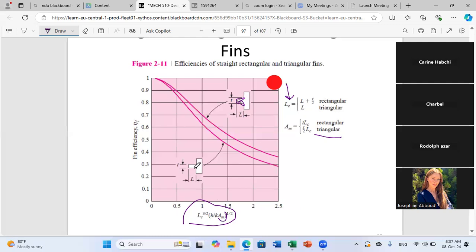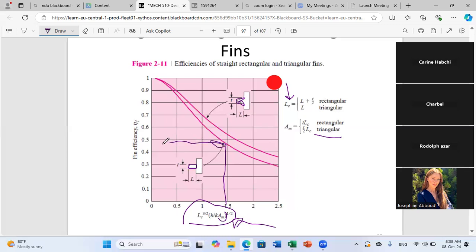If I consider this area, it's equal for the rectangular case to T times L corrected, while here you have a triangular shape, so the area is T over 2 times L corrected. So once I give you the parameters of geometry, you can just calculate this term, and from this term, you can come to the graph and determine the efficiency of your fin.